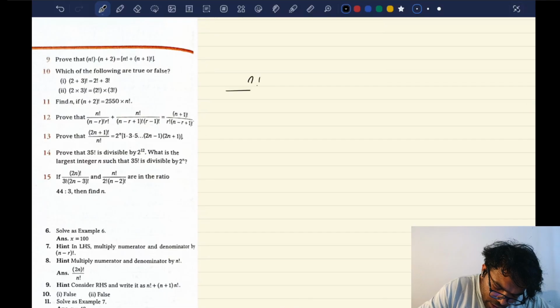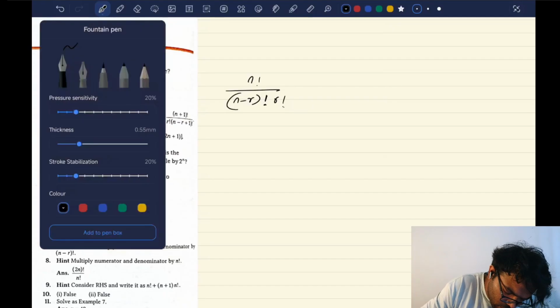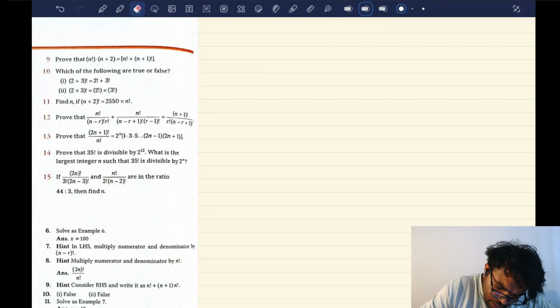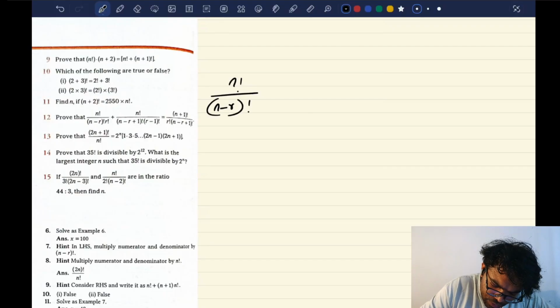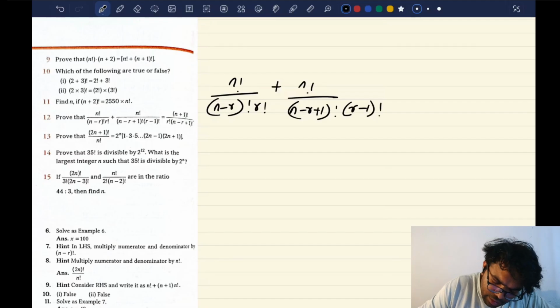So, n factorial upon n minus r factorial into r factorial plus n factorial upon n minus r plus 1 factorial into r minus 1 factorial is equal to, let's actually look at this.